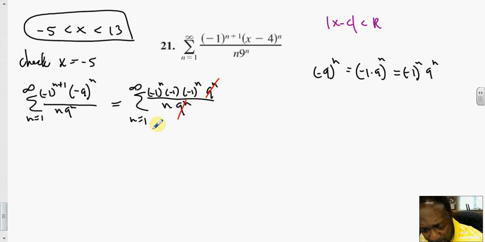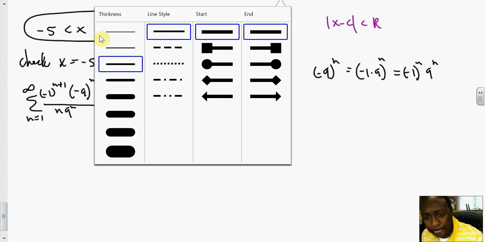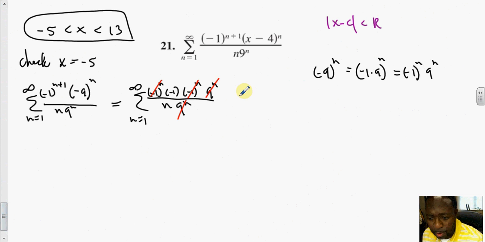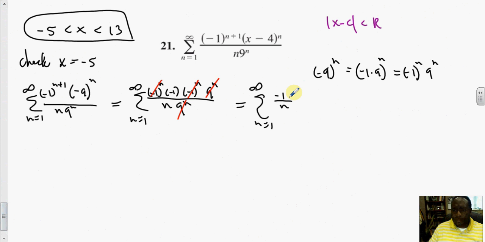So 9 to the n cancels out. Negative 1 to the n times negative 1 to the n becomes positive 1, right? So this is the summation, as n goes from 1 to infinity, of negative 1 all over n, right?